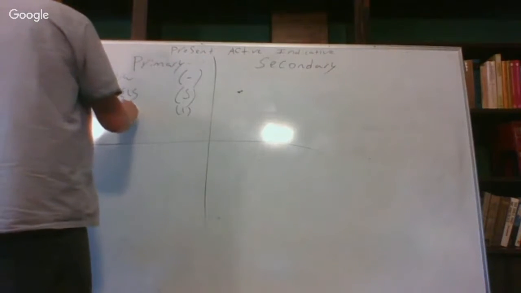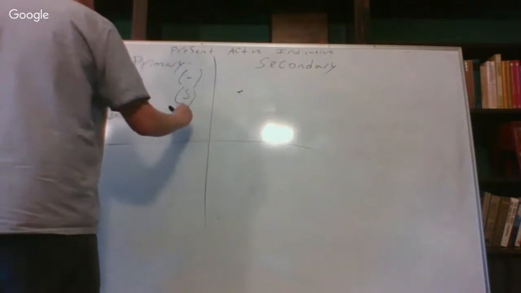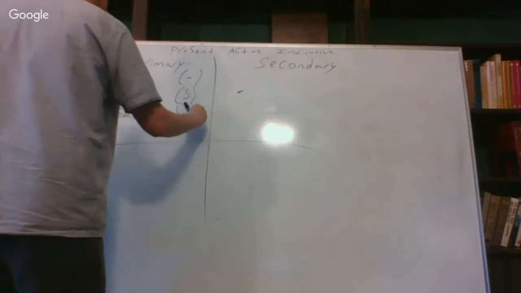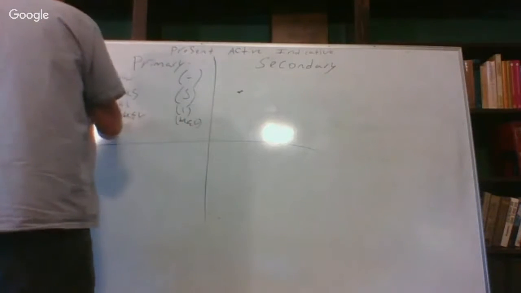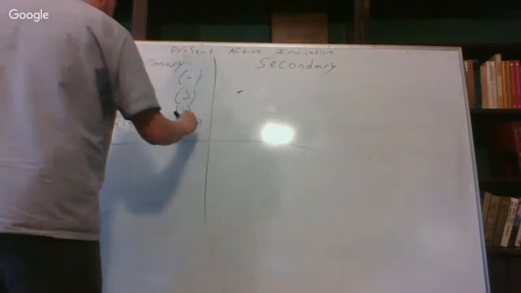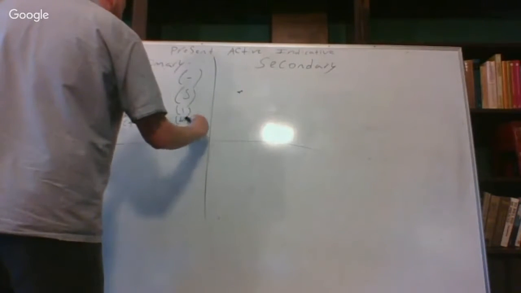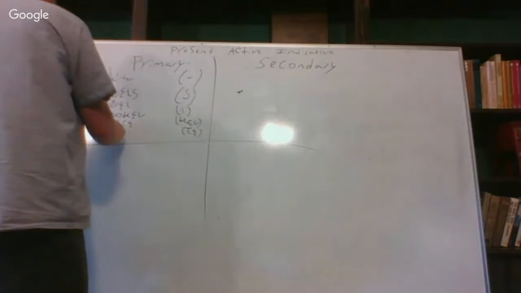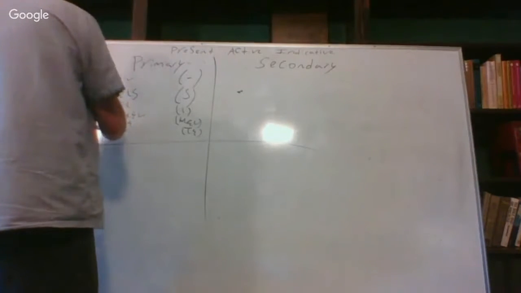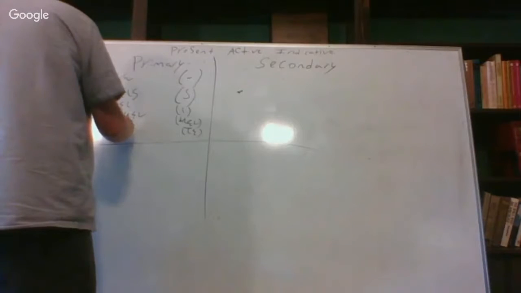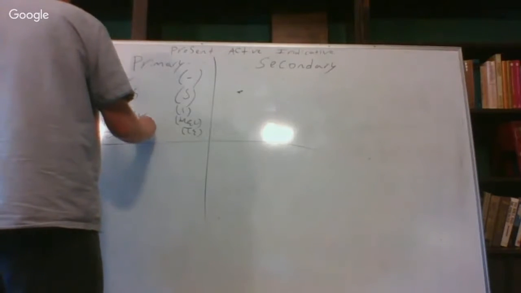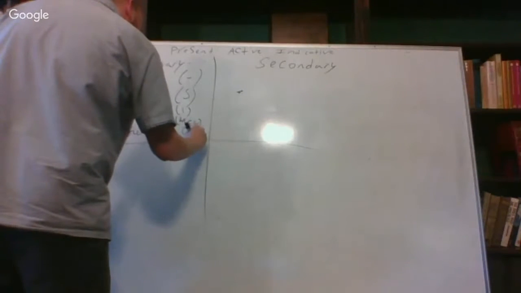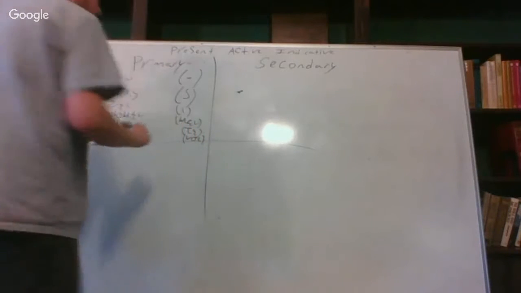Luomen, the personal ending is going to be men. Luete is going to be te as the personal ending, and then lousin is going to be nu sigma iota.